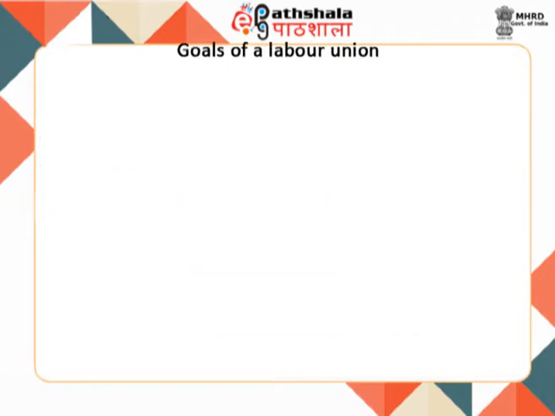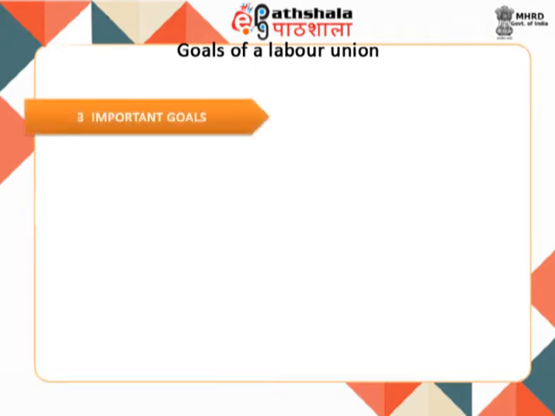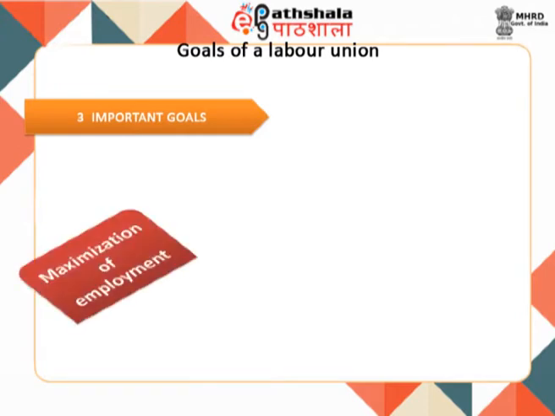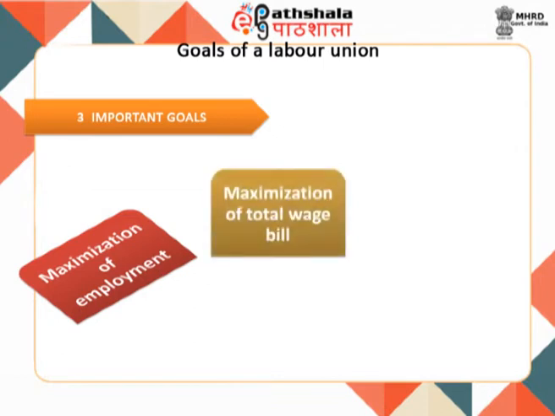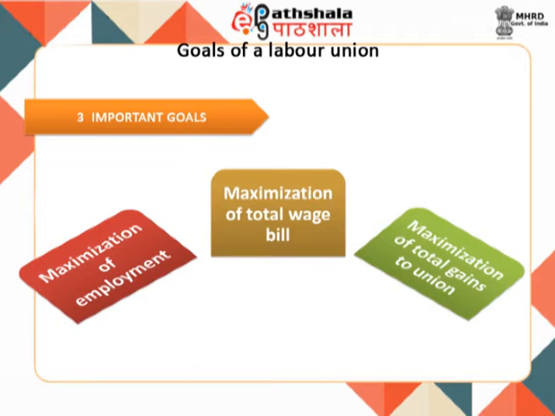Among several goals of a labor union, we focus here on the following three important goals by which the union determines the wage rate. These are the maximization of employment, the maximization of the total wage bill, and the maximization of the total gains to the union as a whole.